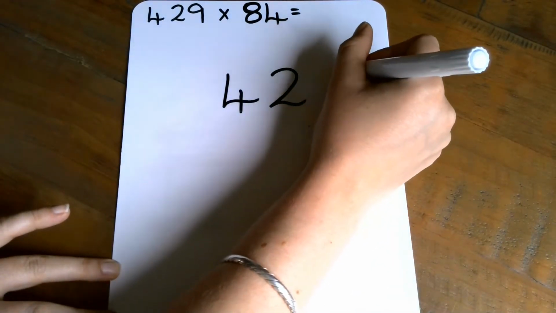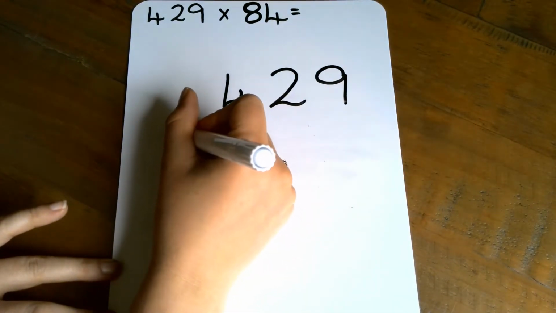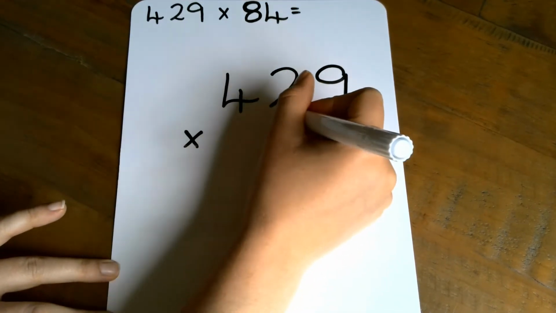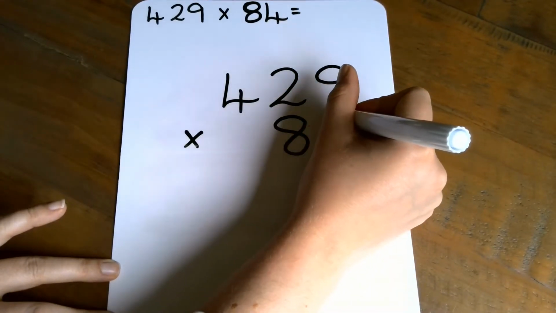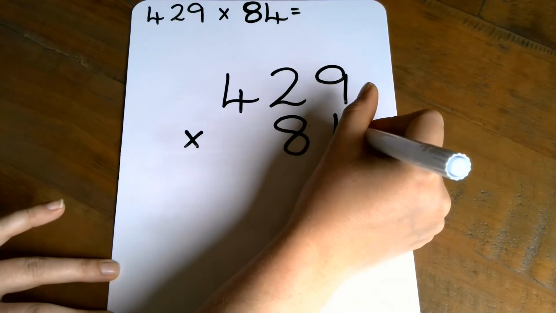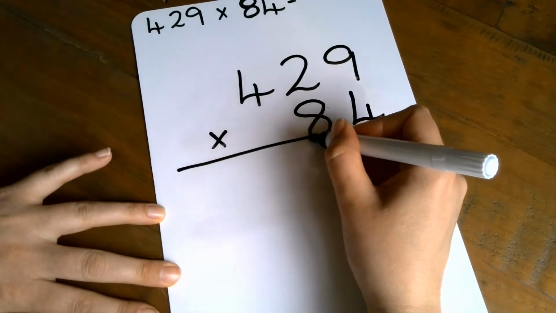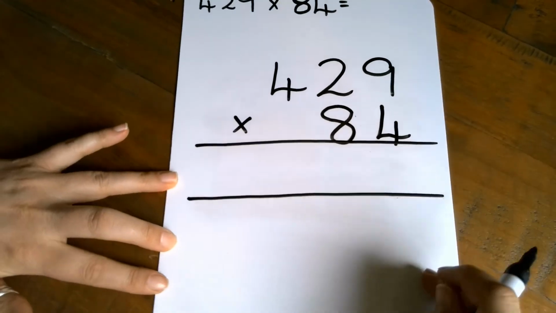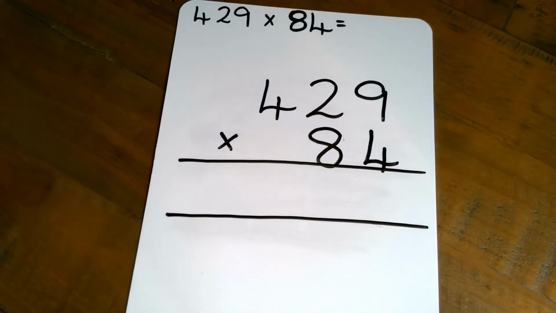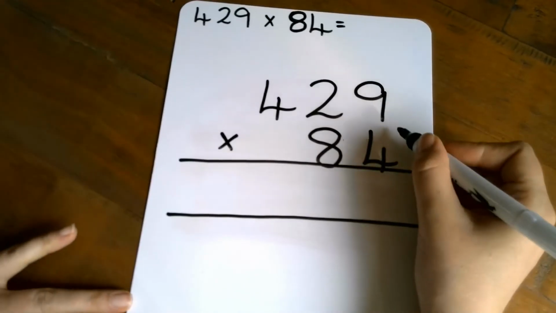So that's 429 multiplied by 84. So I'm first going to multiply 429 by 4.